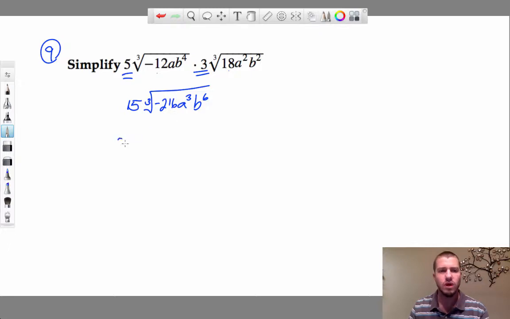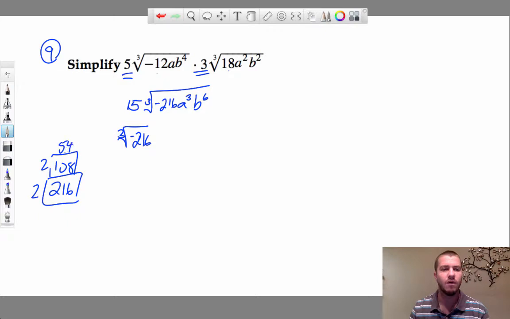So when I'm doing the cube root of negative 216, first I have to decide, am I even allowed to do that because it's negative? But because it's an odd root, I am, so I'm good. And I can start breaking this down. I'll do the birthday cake, 2 and 108, 2 and 54, 2 and 27, and if you notice here, 27 is a perfect cube.